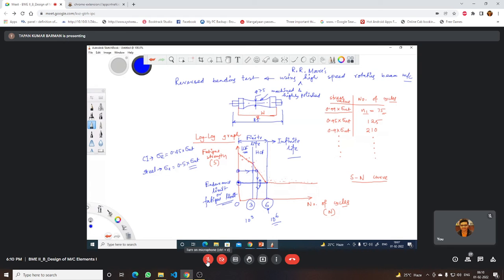So statistically that is the value, but in practice the material will fail. The material will not get infinite life, but statistically you can say the material has got infinite life.